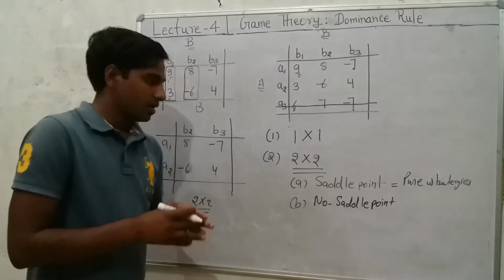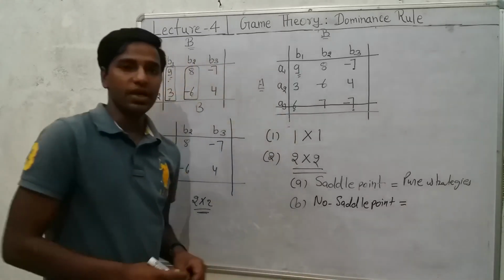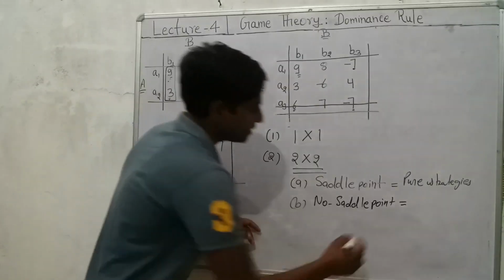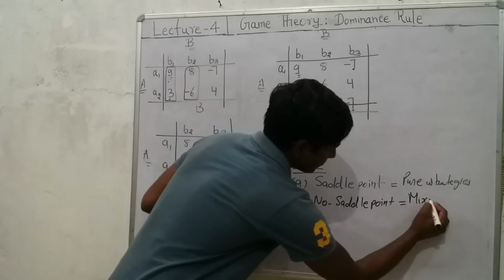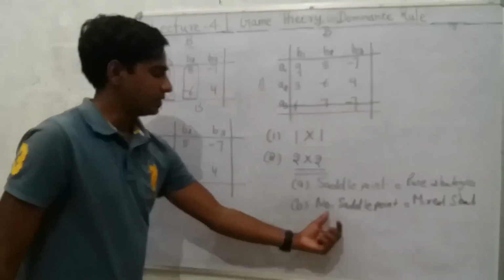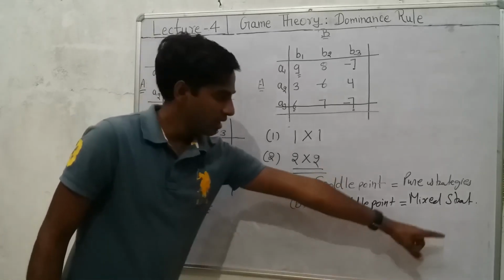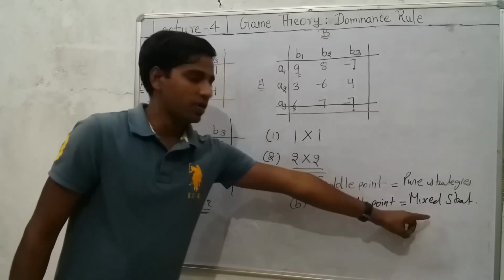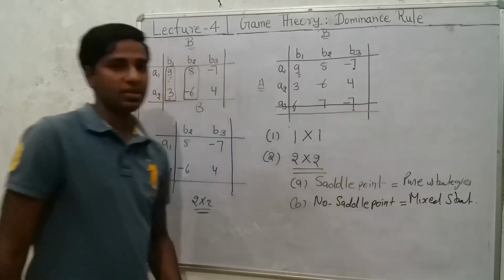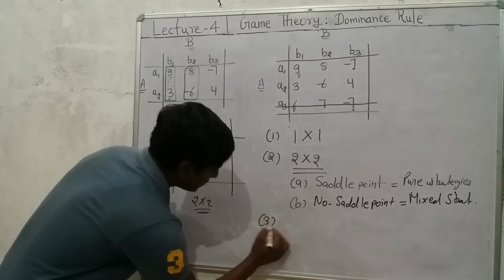By applying the probabilistic method, in which we calculate the mixed strategies. To solve the matrix of 2 by 2 order with no saddle point, we apply mixed strategies.